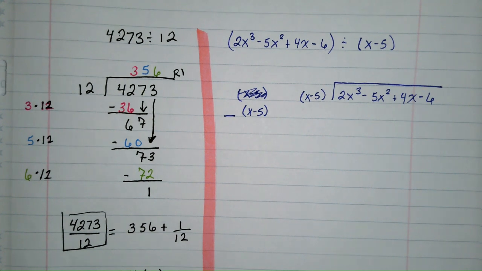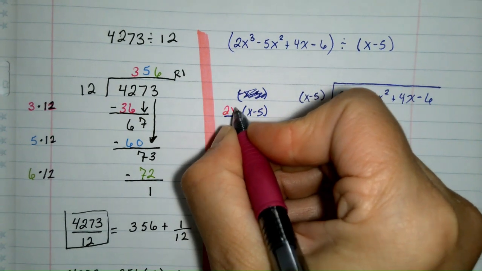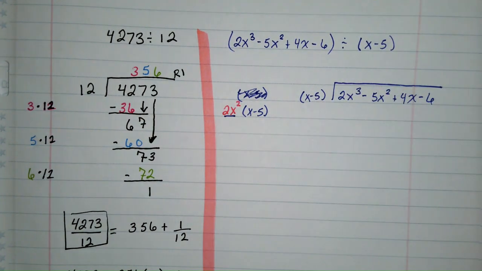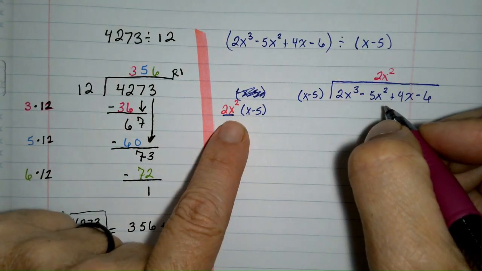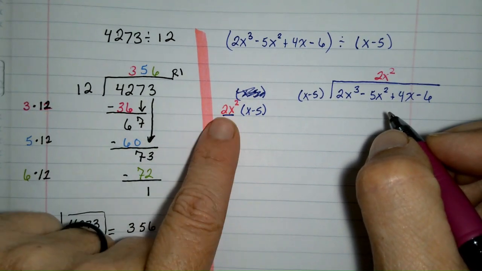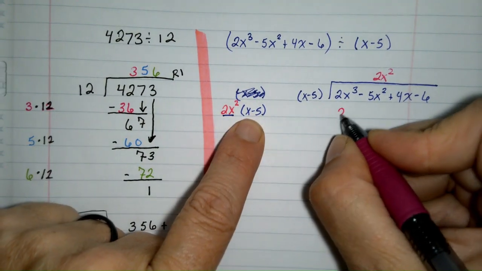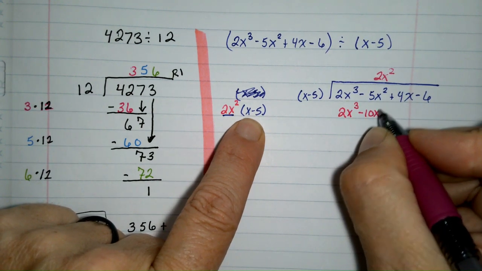So instead of saying as close as I can without going over, I want to match the first term. So if I multiply by 2x squared, just like I took the 3 times the 12, I'm going to take the 2x squared times the x minus 5. 2x cubed minus 10x squared.